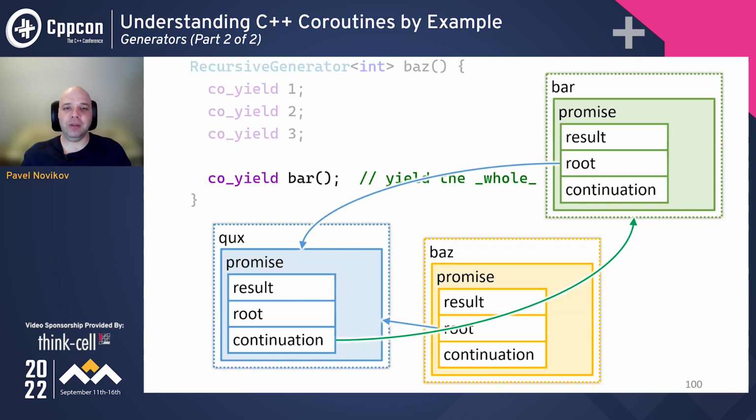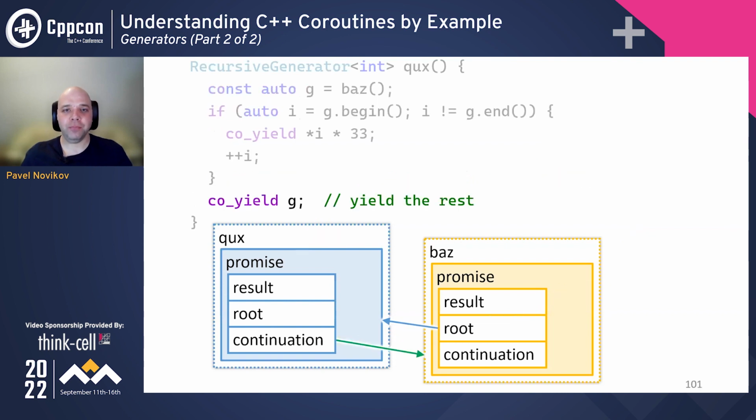So there may be 10 generators in the stack, and we don't have to go every step through all the 10 generators. We can go straight to the currently active generator. So that's why we change the continuation reference to a concrete leaf generator instead of having a kind of linked list of continuations. I hope I answered this question.